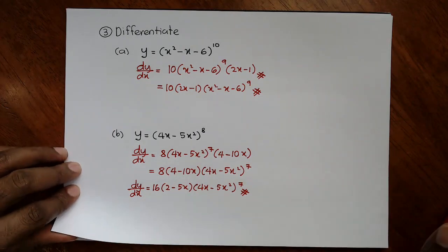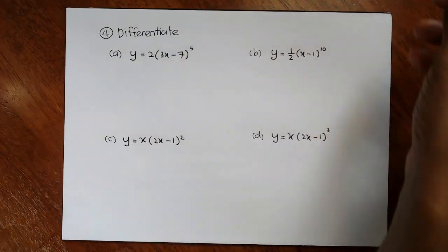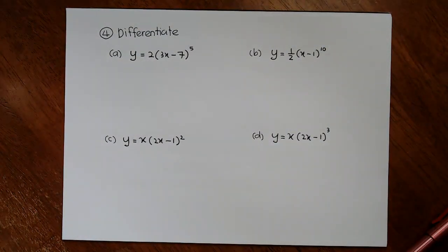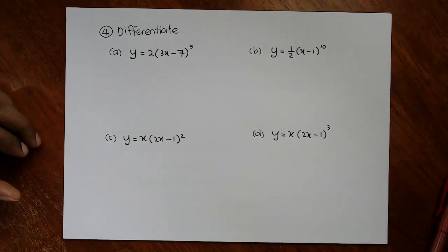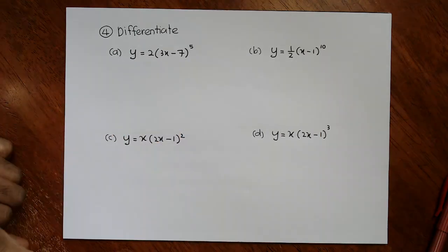Number 4 here. The thing here is, we have a number outside of the bracket. Should that bother us? No. We can still do the bracket method, no problems at all. Just leave the 2 there.